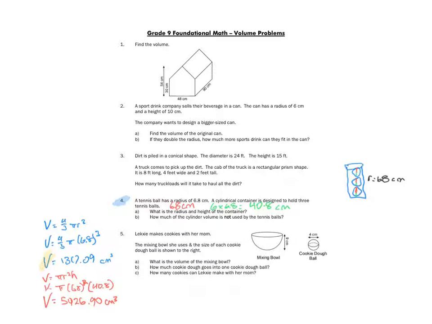Now the thing to keep in mind is that this is the volume of one tennis ball, and 3 tennis balls fit in the cylinder. So to answer this question, we're going to have to take 3 of those tennis ball volumes and subtract that from the volume of the cylinder. So we'll do that over here. Oops, I want my pen, not my highlighter.